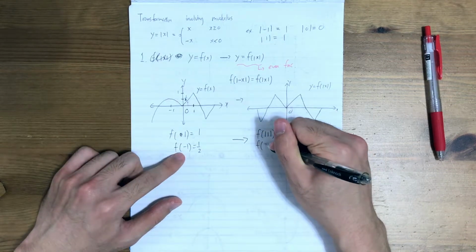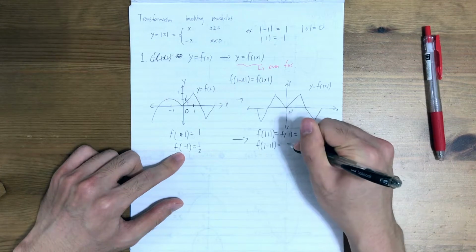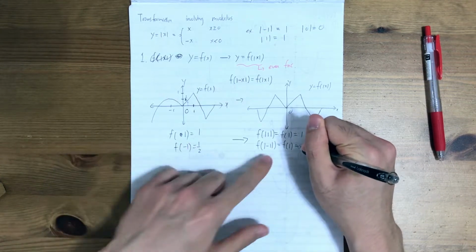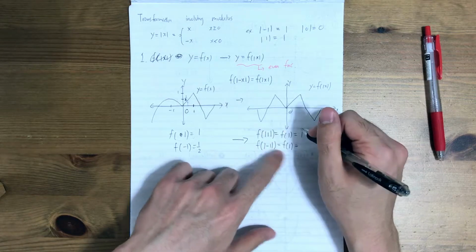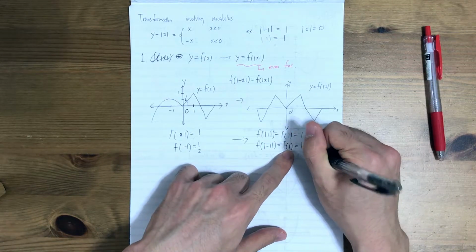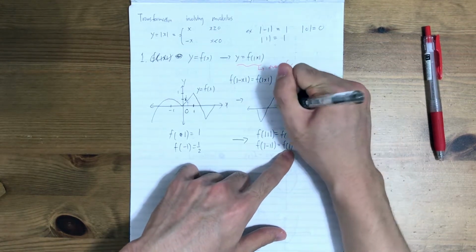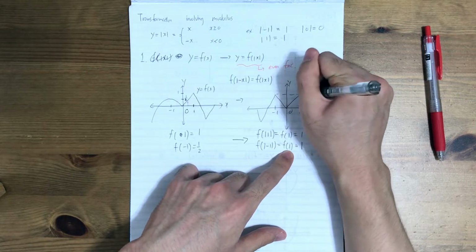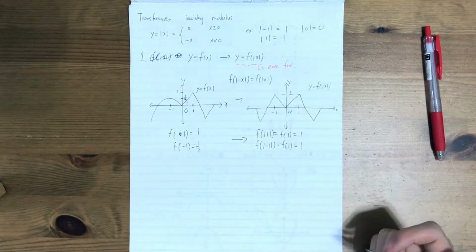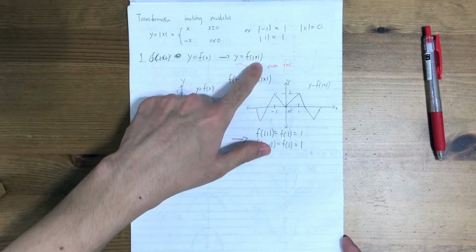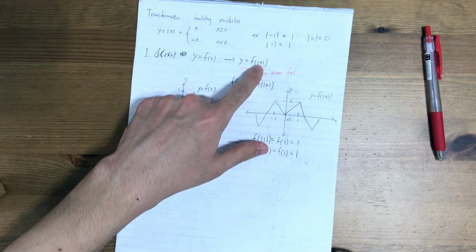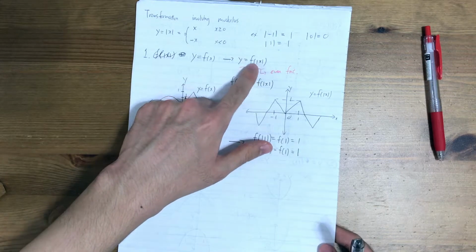But modulus of -1 will be f(1), right? So the negative value inside the modulus will become positive, and it will be 1. So we see that the value has been copied. Okay, so this is how we can sketch the modulus function with transformation involving modulus horizontally.